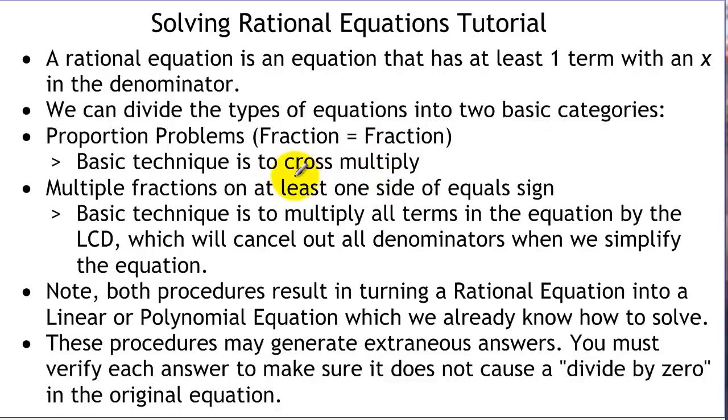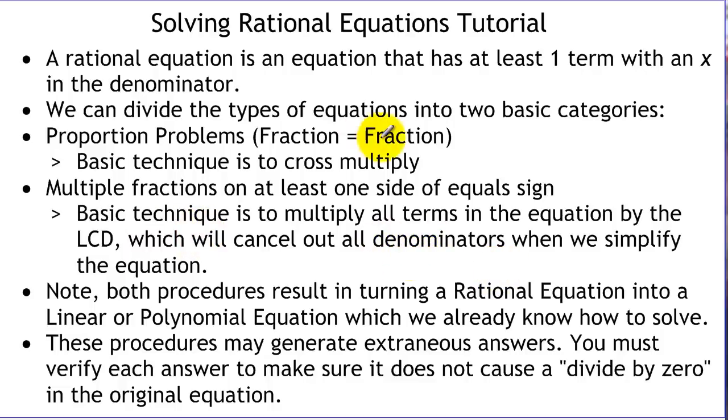And these will solve just like proportion problems we did in basic math, and we do that by cross multiplying. All the other problems will have on one side of the equation either multiple fractions or multiple terms, and those, our basic technique will be to identify the least common denominator of all the denominators all the way across the equation, and we're going to then multiply every term on both sides of the equation by that LCD, and the effect will be that all the denominators will cancel out when we simplify.